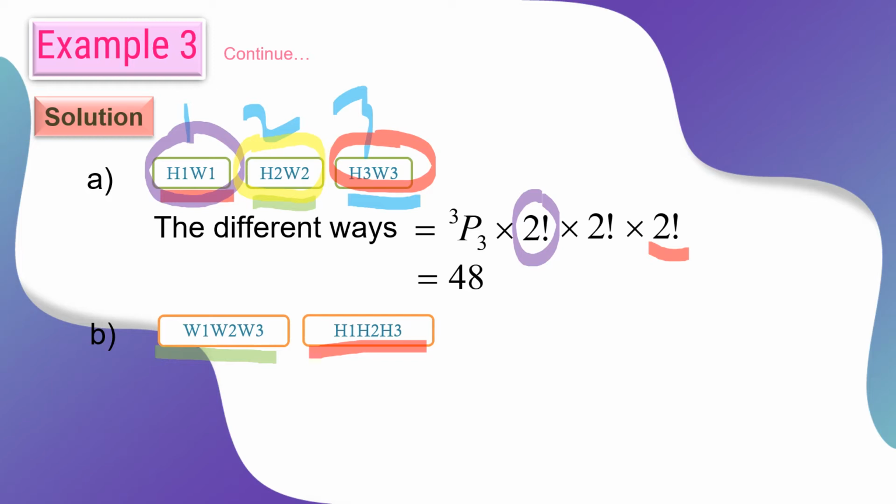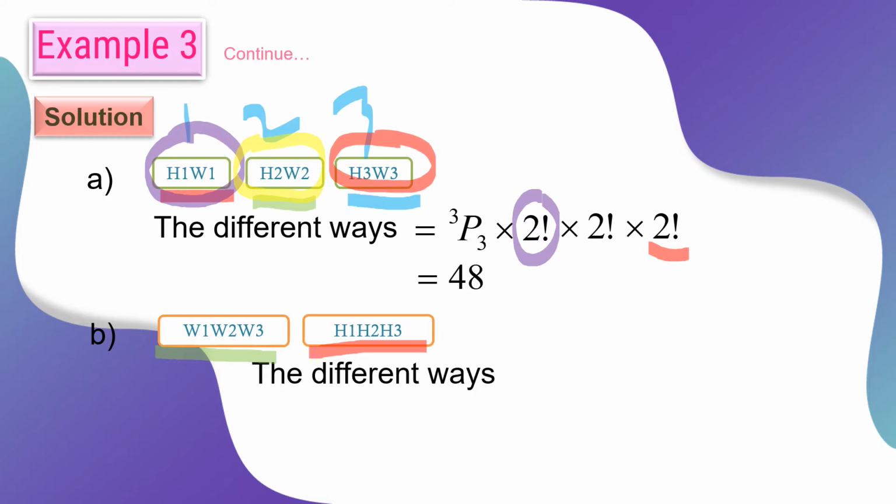Okay, so now we try to arrange. We have 2 groups here, group wife and group husband, and we must know the condition is husbands on the right hand side, on the right of all the wives.